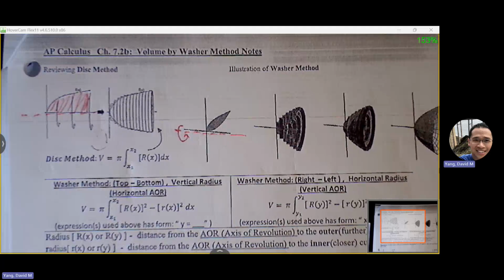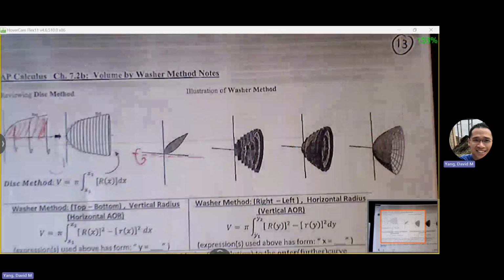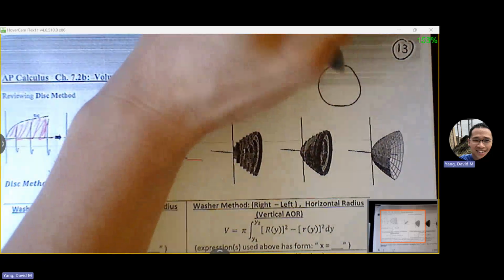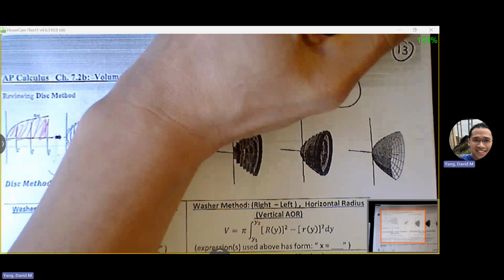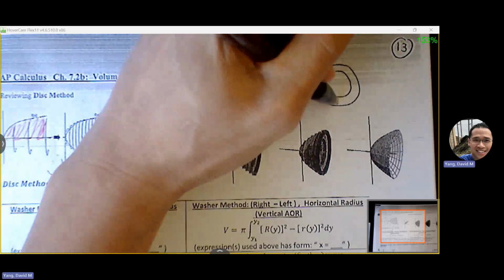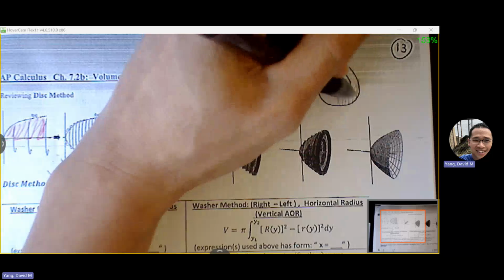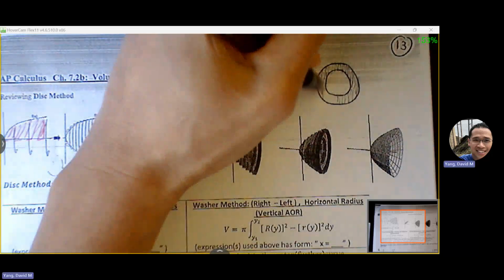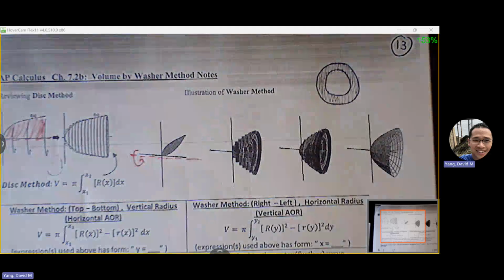But let me do a two-dimensional version of this example. Let's say we have a circle within a circle, or basically a ring. If I ask you, what would it take for me to find the area of the shaded region? What information will we need?